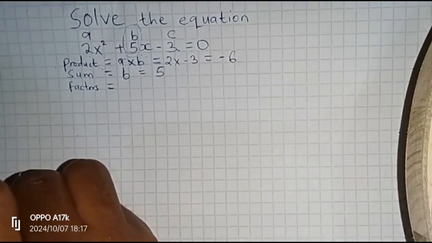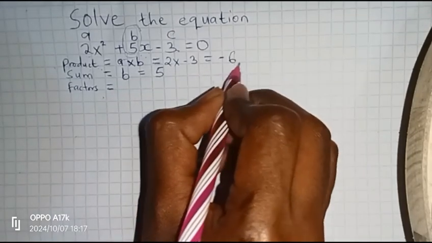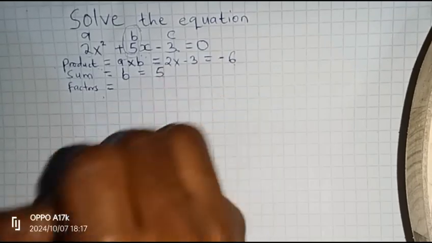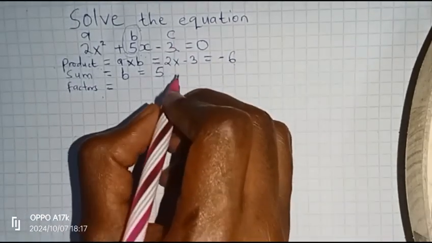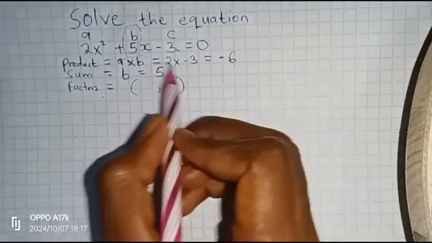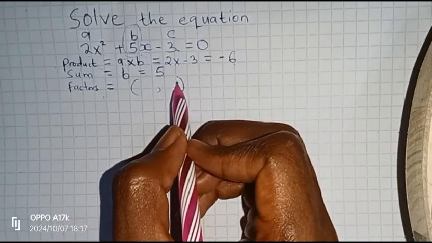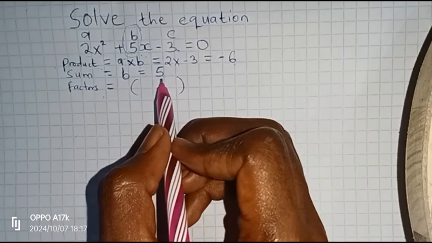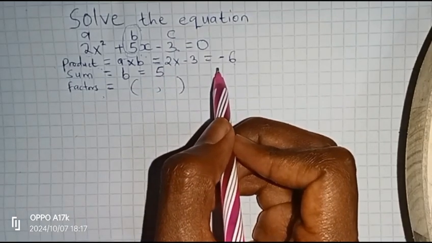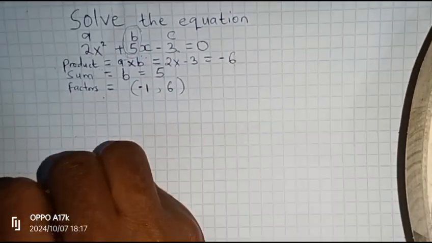How can we get the factors now? These factors, when you multiply them, will give you negative 6, and when you add them will give you 5. For our case, the two factors that give us 5 when we add and negative 6 when we multiply are negative 1 and 6.